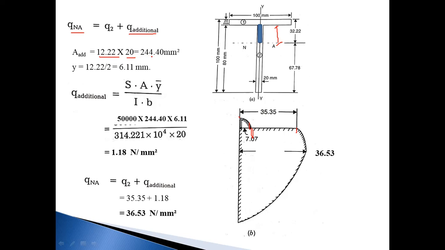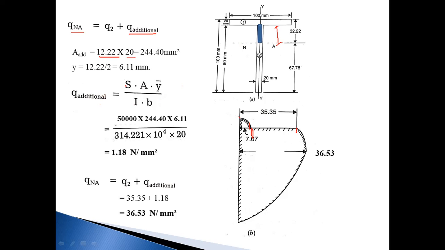So area becomes 244.40. Now Y bar for this particular section: the depth of the section is 12.22, so Y bar becomes half of this, 12.22, means 6.11 mm. This is the Y bar of the section from the neutral axis.